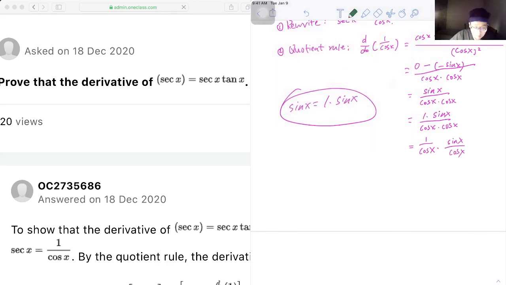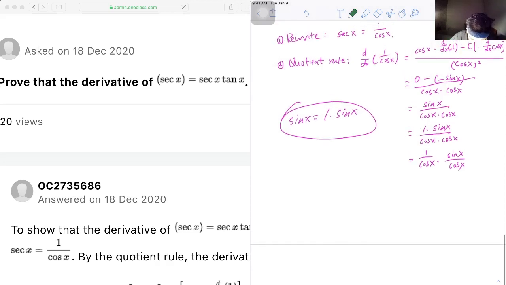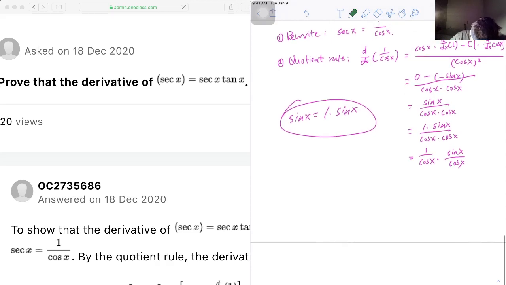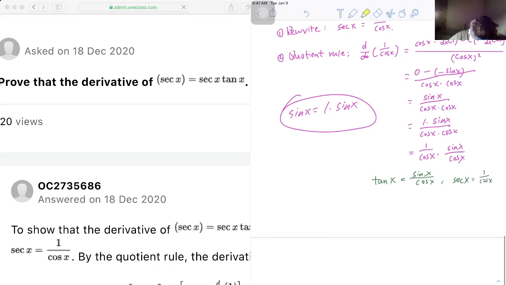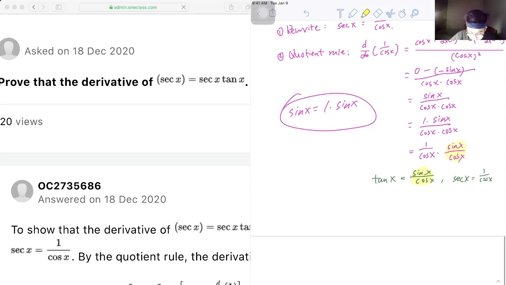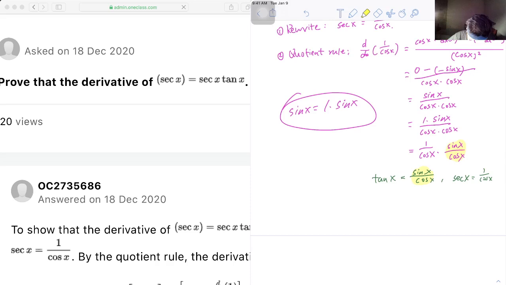And now we need to apply another identity, which is tangent x is equal to sine x over cosine x. Secant x is equal to 1 over cosine x. And we can see the tangent x can substitute the second part of the equation, and the secant x can substitute the first part on the right hand side.